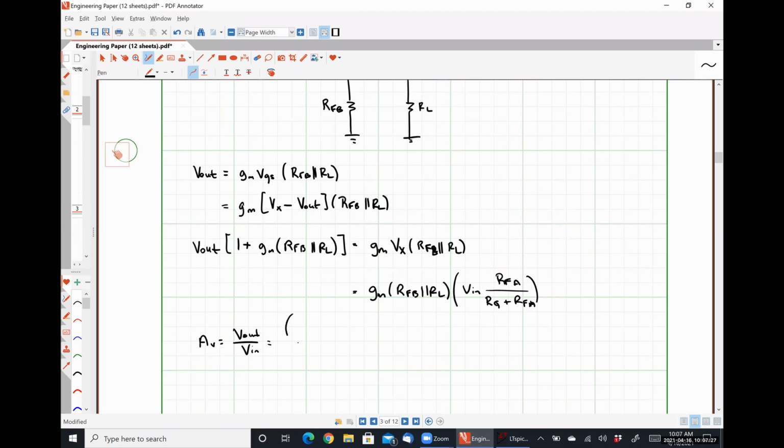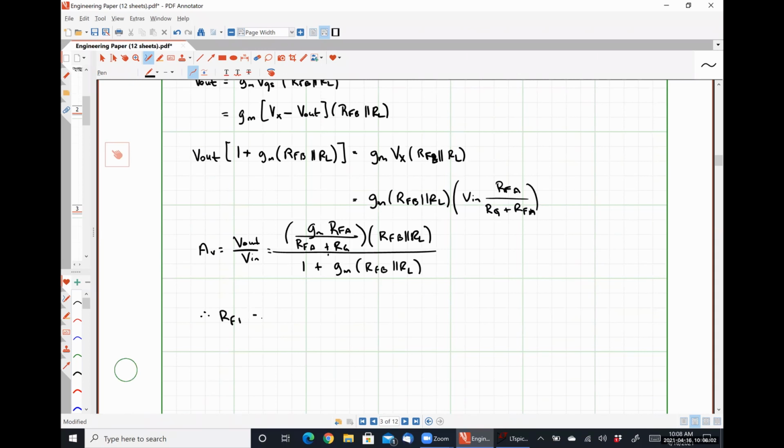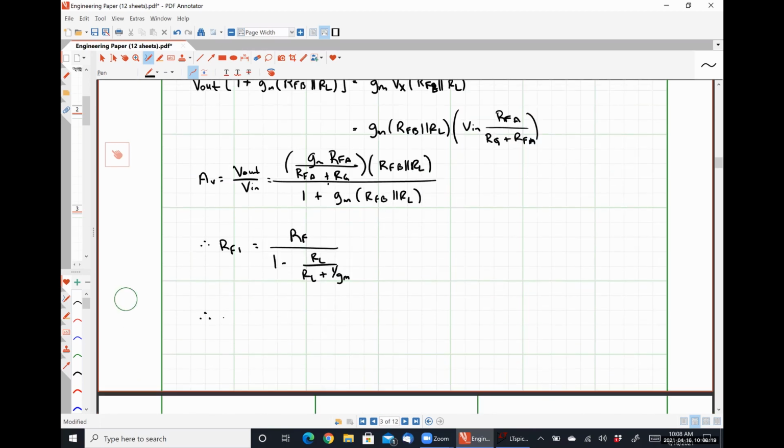So I'm going to have this as GM RFA divided by RFA plus RG multiplied by RFB in parallel with RL, all over 1 plus GM RFB in parallel with RL, where RF1 is simply RF divided by 1 minus RL over RL plus 1 over GM, and RF2 is RF over 1 minus the reciprocal of that guy.